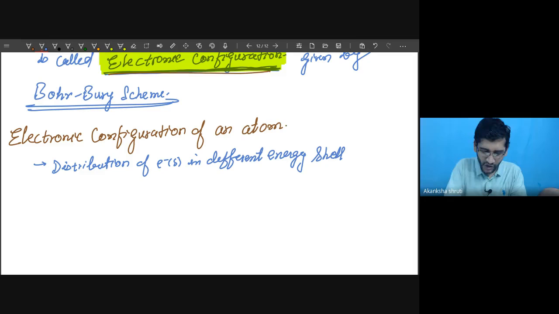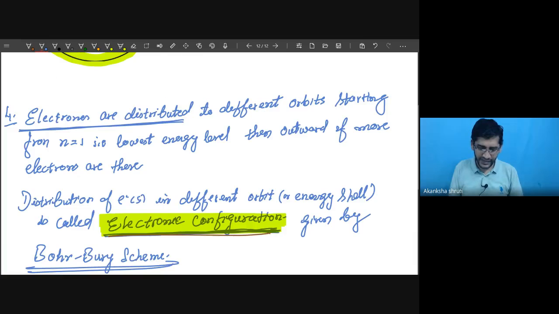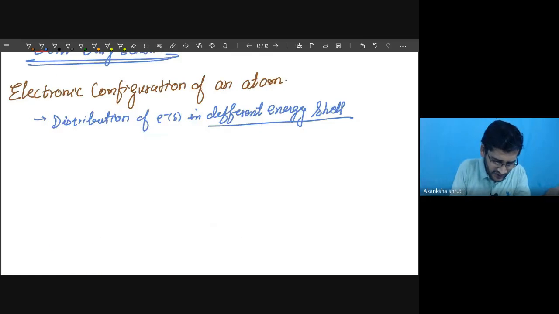The same thing that we have learned above. So what this rule tells is that electrons start filling in an atom from the lowest energy, meaning from the K shell it will start. If more electrons are there, then it will go to the higher orbit.